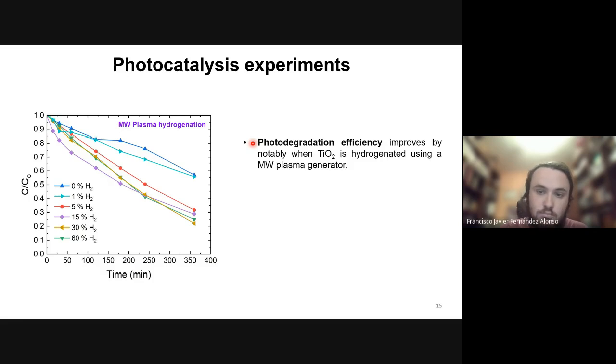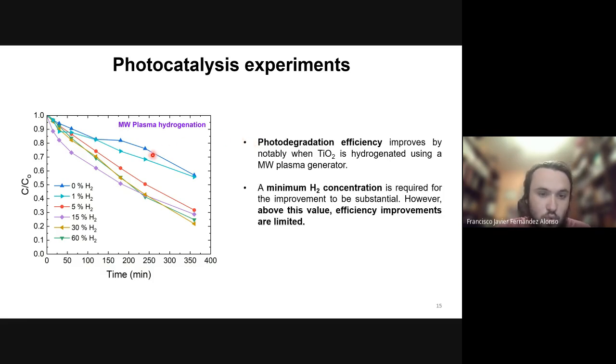We see how by introducing this hydrogenation, we can enhance the photocatalytic efficiency more or less by a factor of 2. However, we need a minimum quantity of hydrogen for this improvement to be significant, since when we introduce about 1% of hydrogen, the improvement is low.